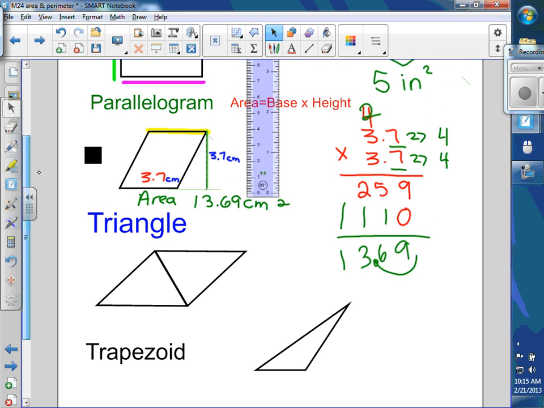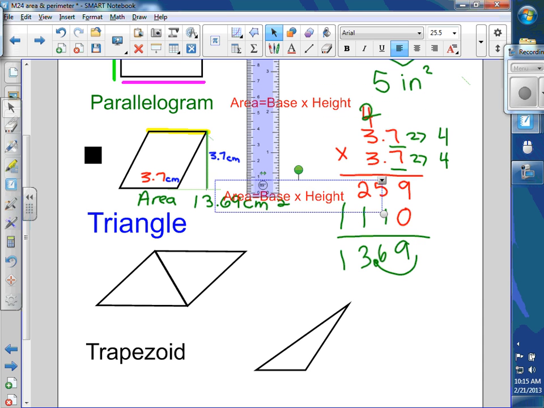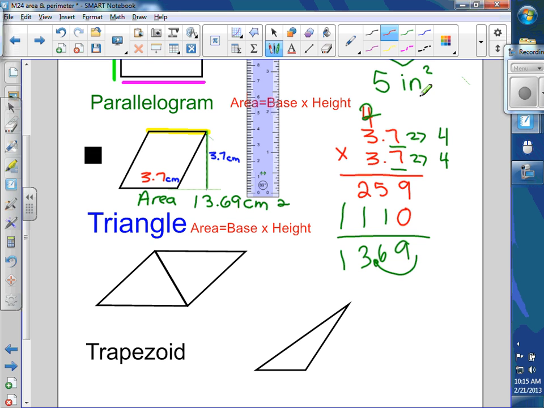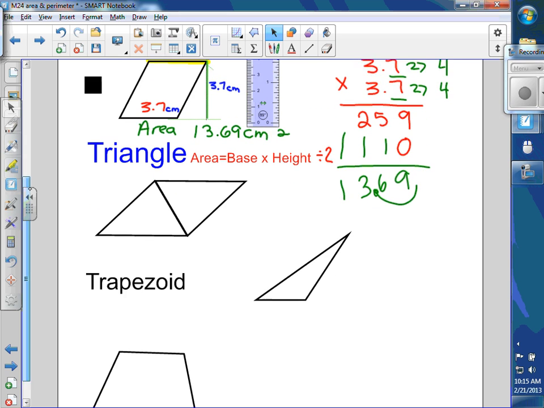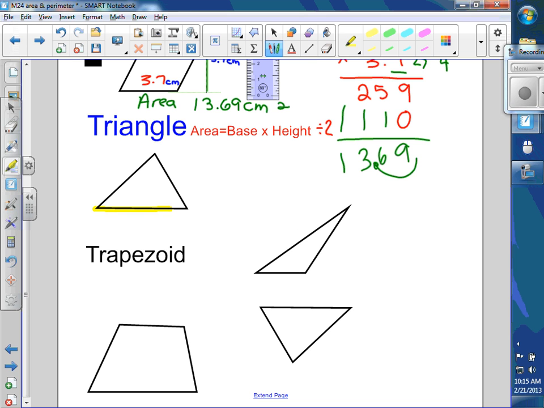So the area is almost the same as a parallelogram, except we have to divide by 2. But we still have to figure out where that height is, right? So we still have to identify the base and then make sure we use the square angle for the height.